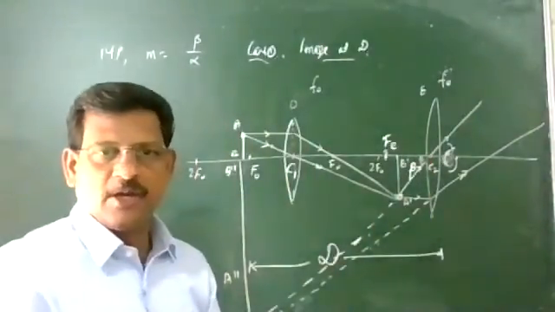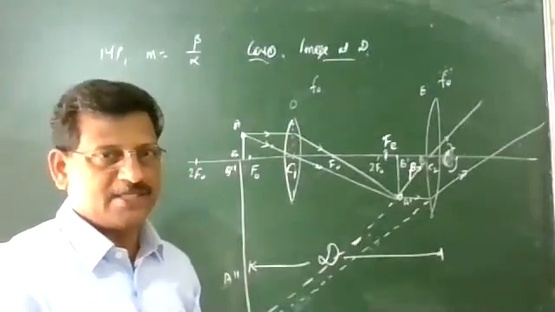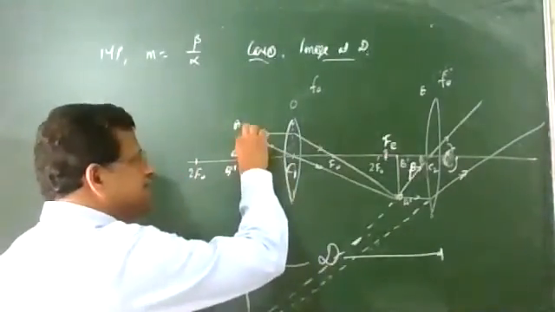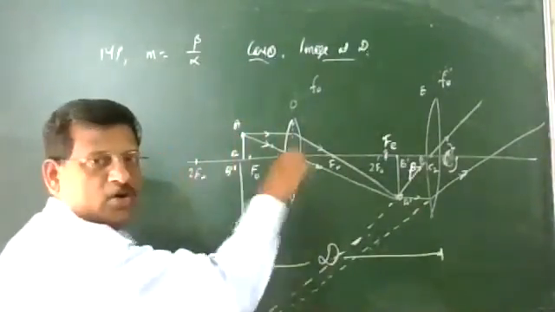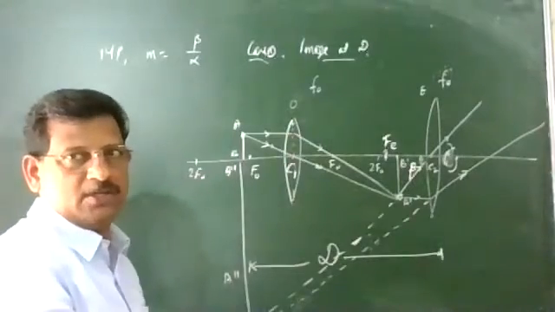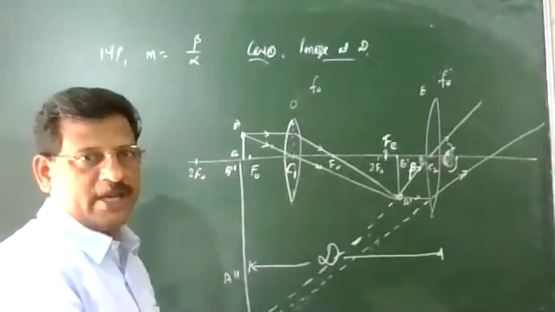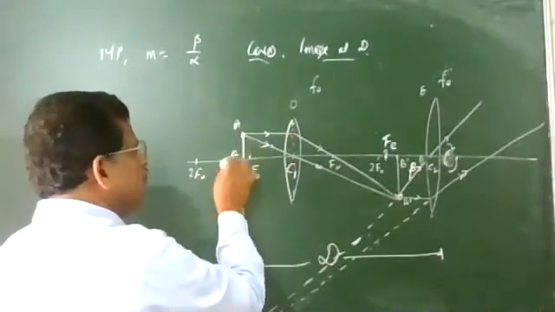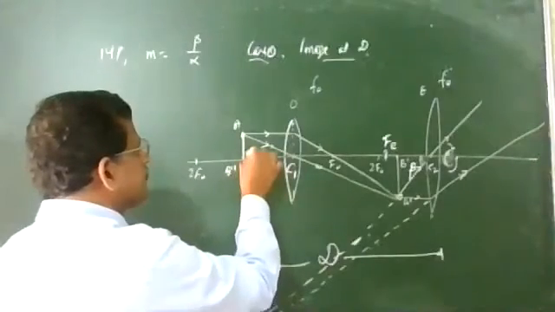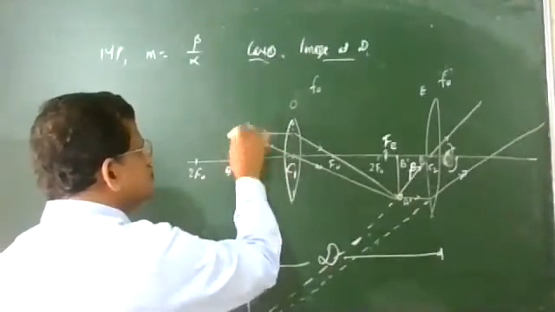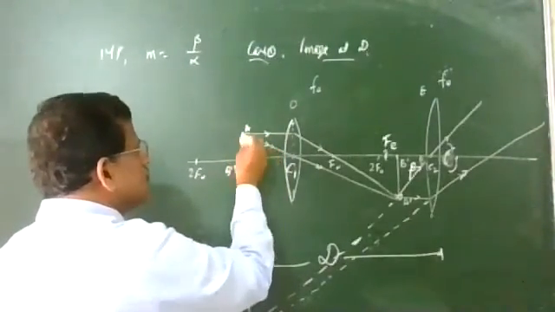Next point. The object also should be at the least distance of distinct vision. The object is AB, but what else do I know? You have to shift this object AB, you have to move this object AB to this position. This is your object position AB.